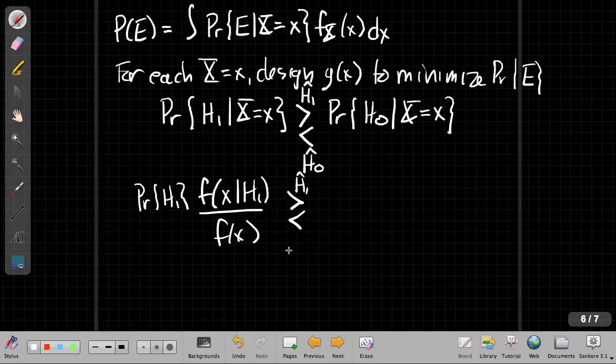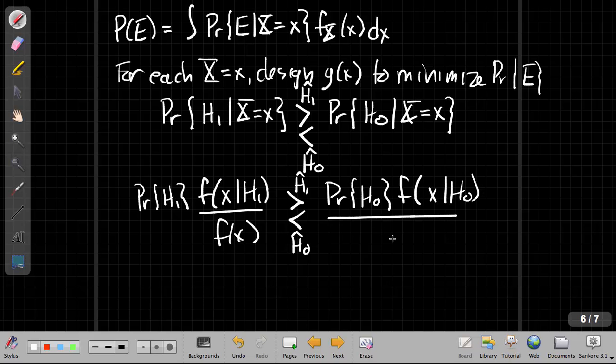Again, we have this double inequality sign that represents the if statement: if this is bigger, choose that. Similarly, this conditional probability is the probability of H0 times the conditional density on H0, again over f of x. These are just our definitions you might want to review from the conditional lecture if you need to.